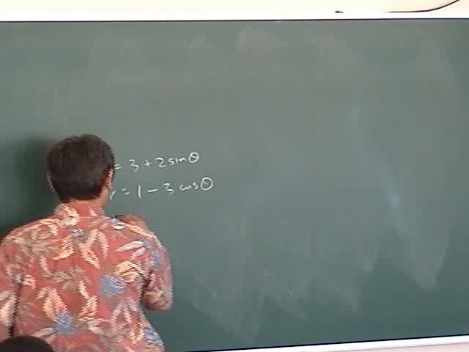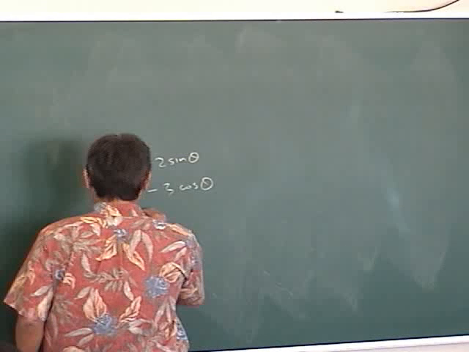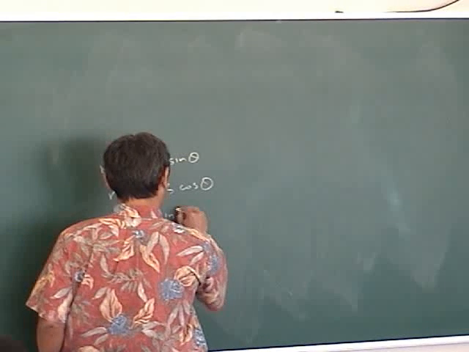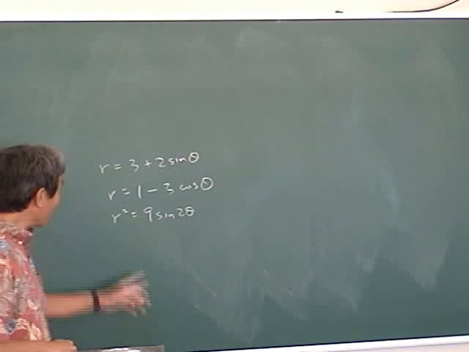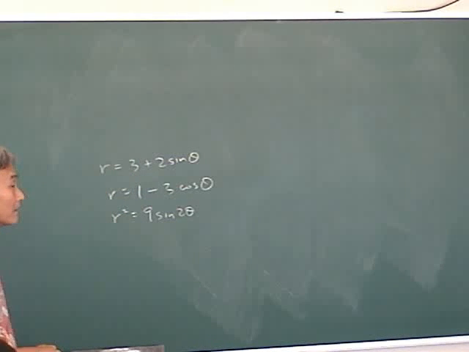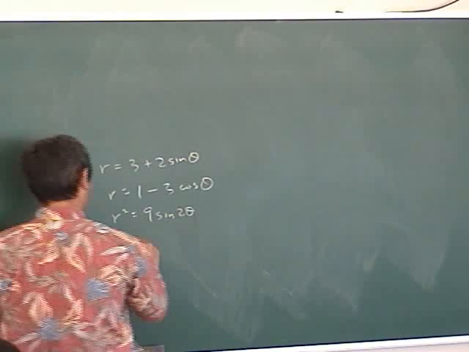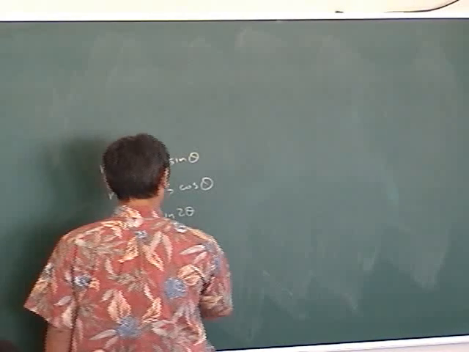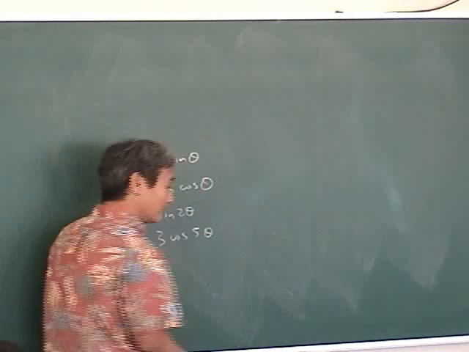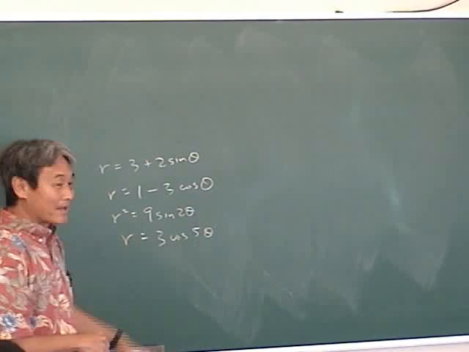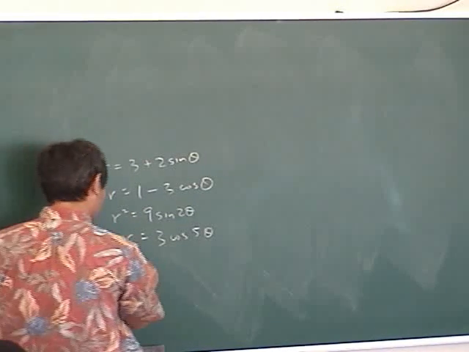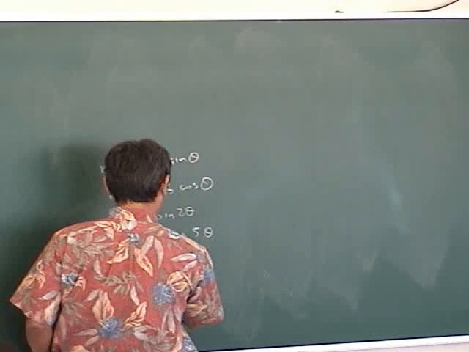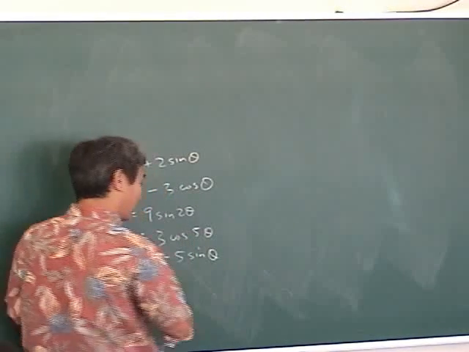Lemniscate. R squared. Rose curve, 5 petals. See, these are the ones you just gotta know already, right? What about this? R equals -5 sine theta. Circle.